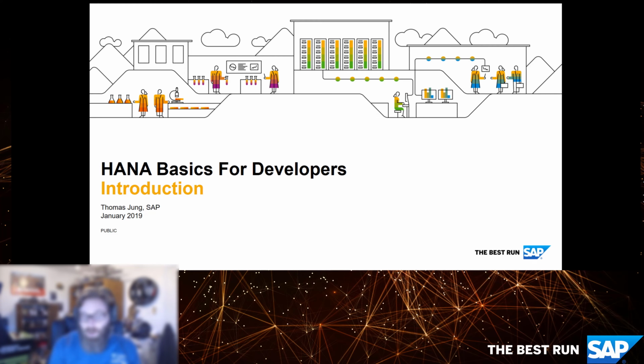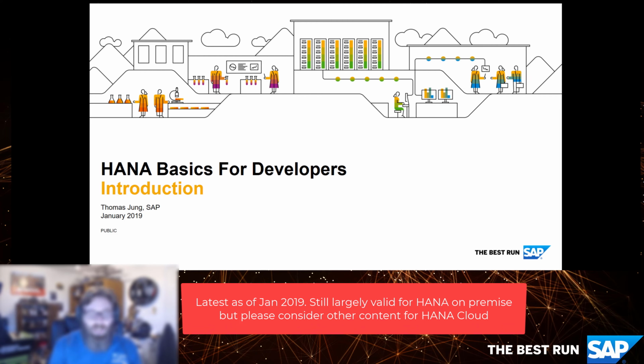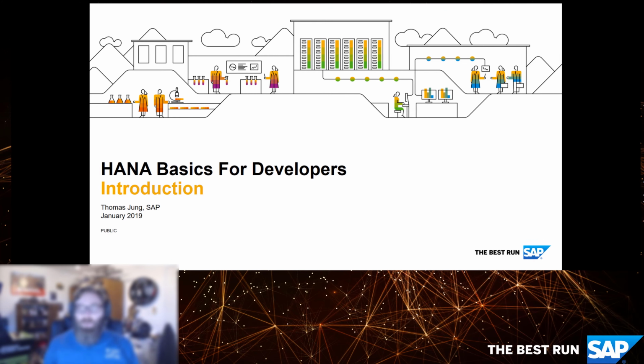And as far as developers are concerned, all the development tooling and techniques that we'll use are all the latest concepts: XS Advanced, and the HANA Cockpit, and the SAP Web IDE for SAP HANA. So no outdated approaches, no outdated development tools, but yet we'll start with the assumption that you really don't know hardly anything about HANA and go through the basics.